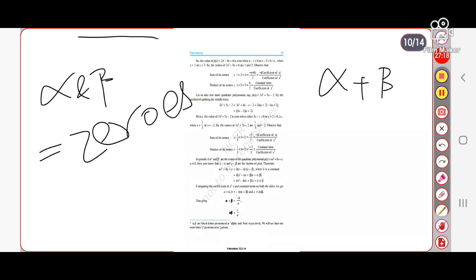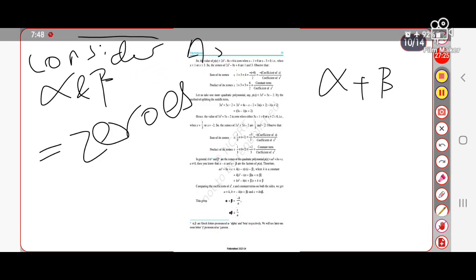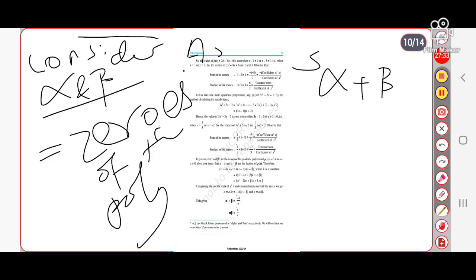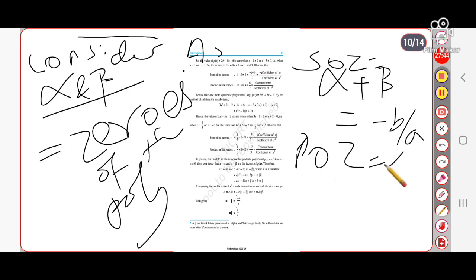So the sum of zeros of a polynomial, alpha plus beta, is equal to minus b by a, as I told you. The product of zeros, alpha beta, is c by a.